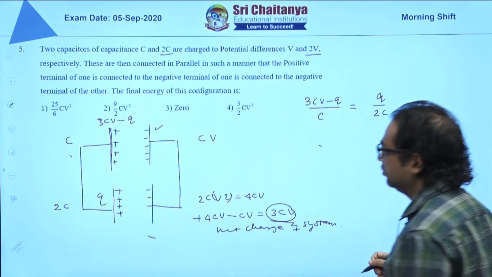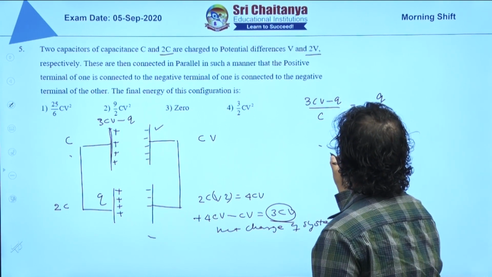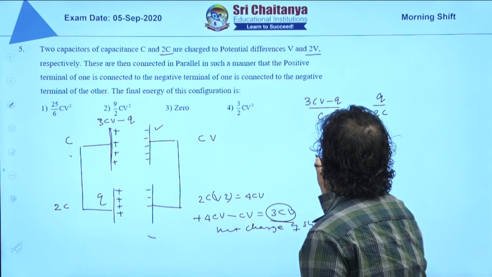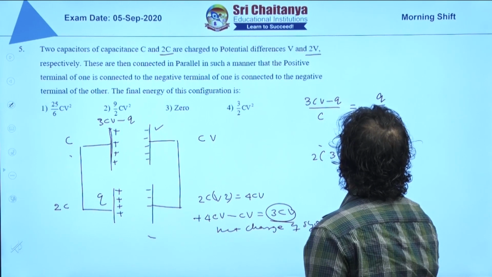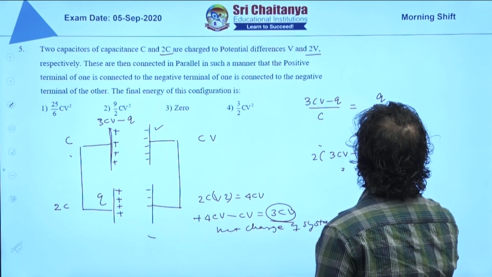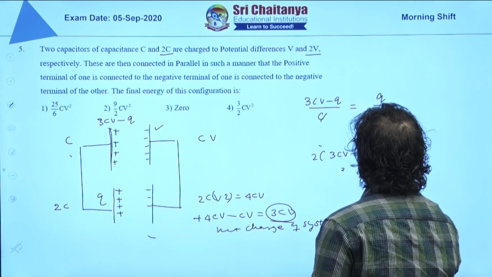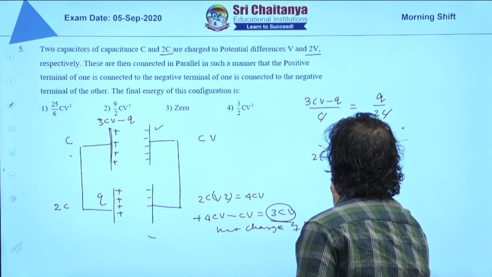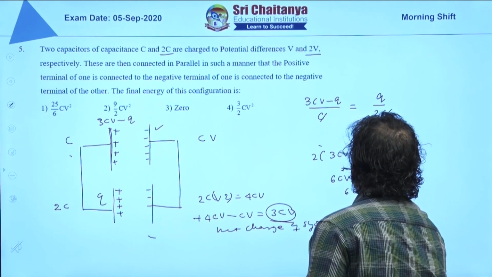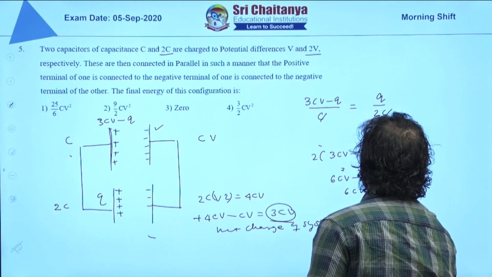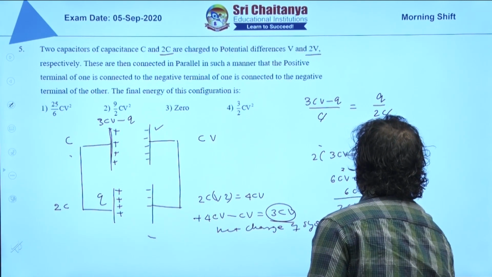Just by cross multiplication, we are getting 2 into 3CV minus Q is equal to, so this one is cancelled already, that is equal to Q. So, 6CV minus 2Q is equal to Q. So, 6CV is equal to 3Q. So, Q value is equal to 2CV, right.